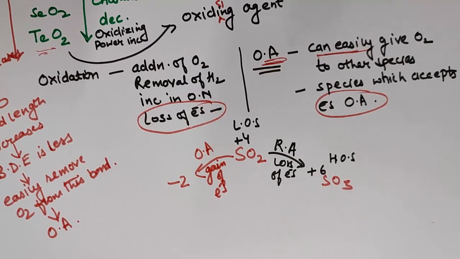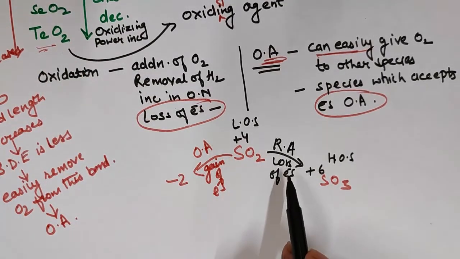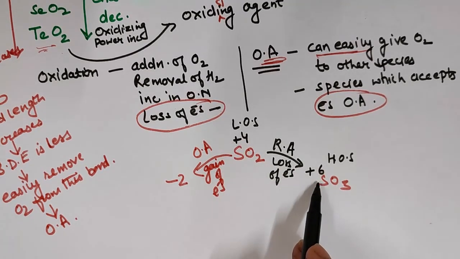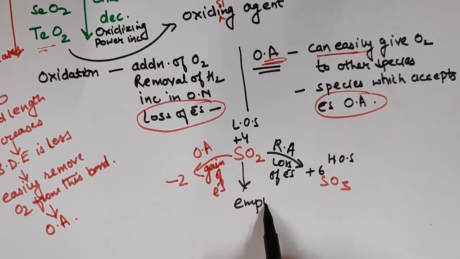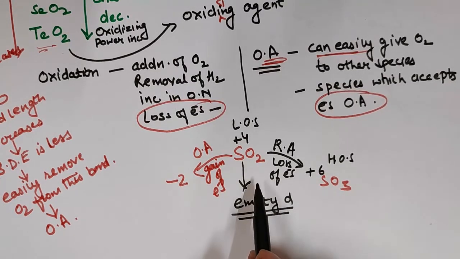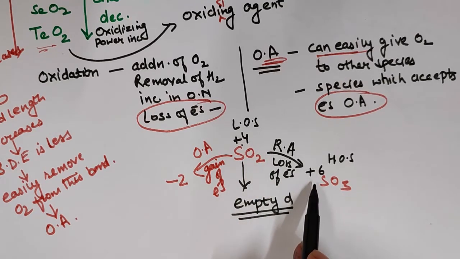Now sulfur dioxide is a good reducing agent, and it easily prefers to go to +6 oxidation state. The reason is that sulfur has empty d orbitals, and therefore it can expand its oxidation state from +4 to +6.